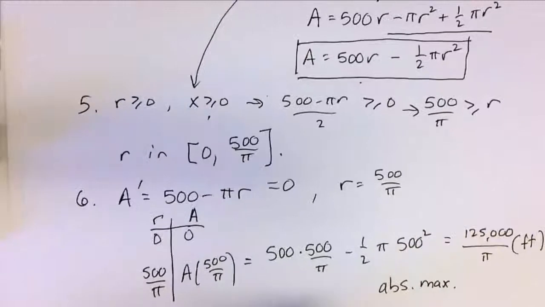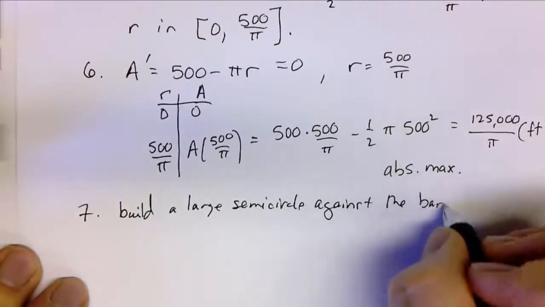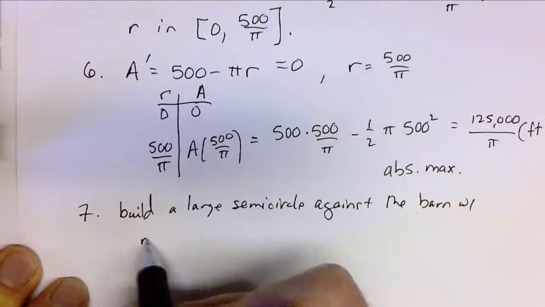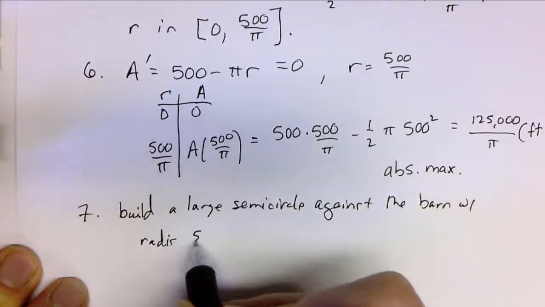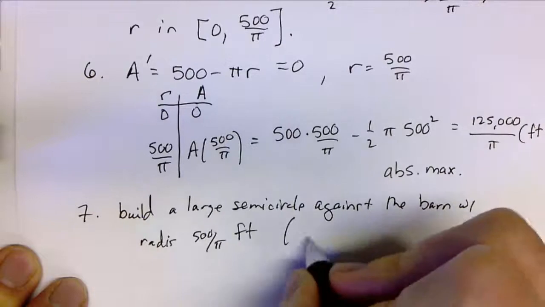So you're not going to use any straight sides. So build a large semicircle against the barn with radius 500 over pi feet. So no straight sides.